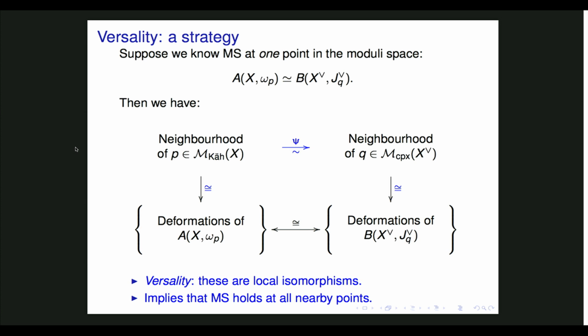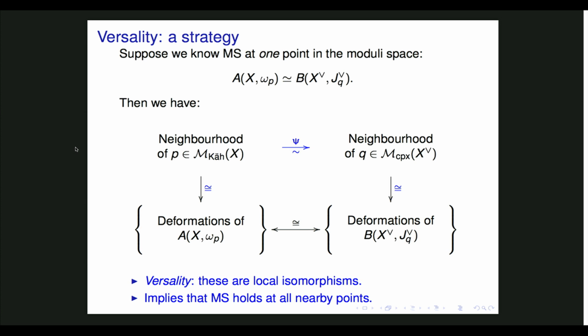We have an identification psi between these two neighborhoods, which is the composition of these three isomorphisms. And the way we've defined it, almost tautologously, means that the A model over P prime corresponds to the B model over psi of P prime, where psi is this map.